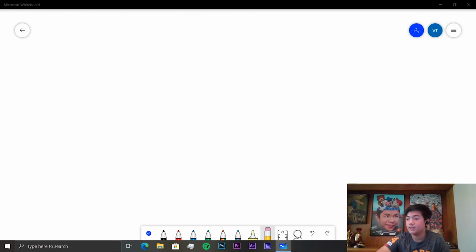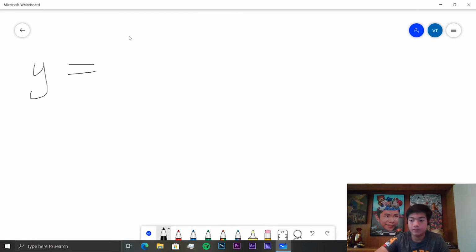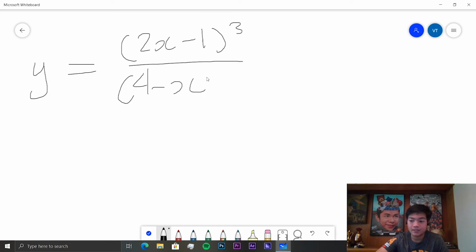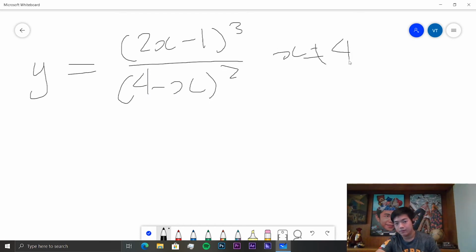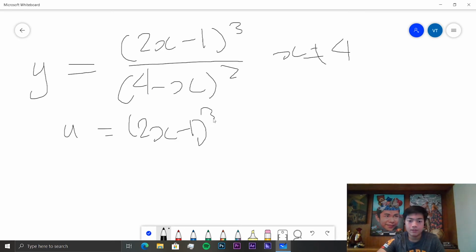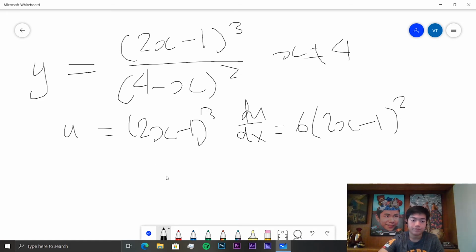The next question is y is equal to 2x minus 1 cubed over 4 minus x squared, where of course x is not equal to negative 4. So we have u as 2x minus 1 cubed, and so du over dx is equal to 6 times 2x minus 1 squared.